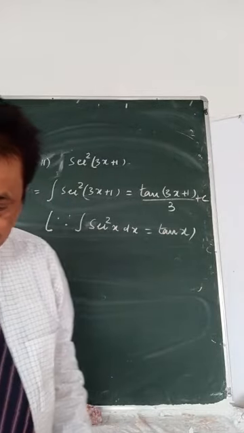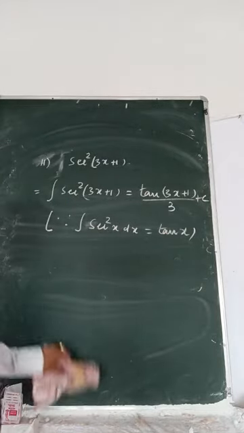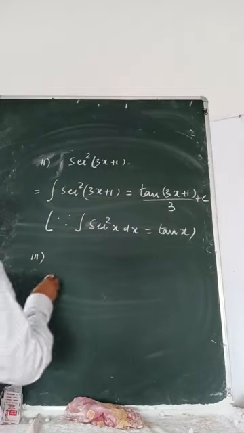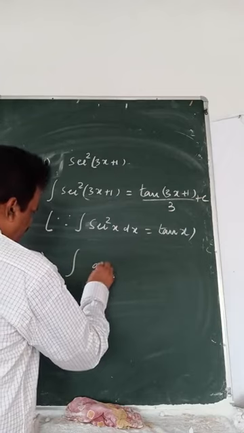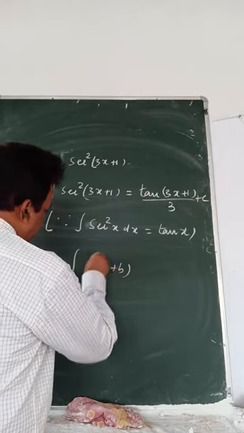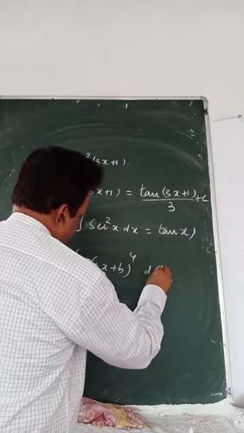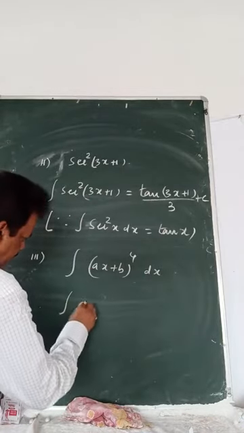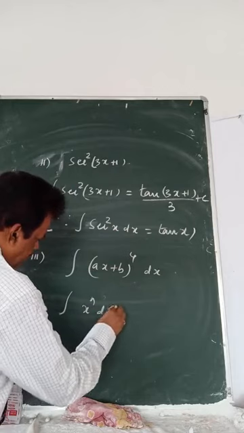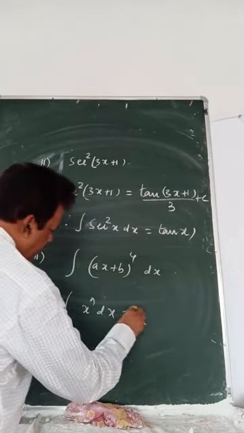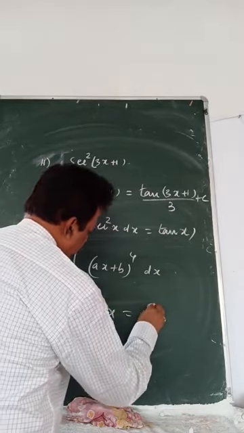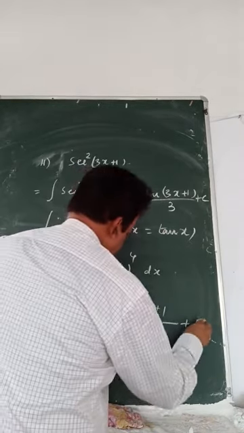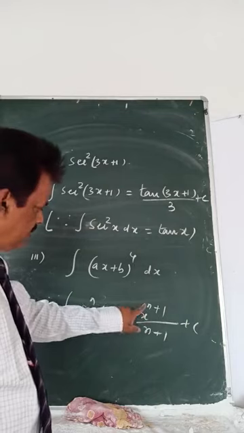Similarly, if you take another question, (ax plus b) power 4. Okay. Relate the formula here. Since integral of x to the power n dx is x to the power n plus 1 by n plus 1, first you will use this formula.